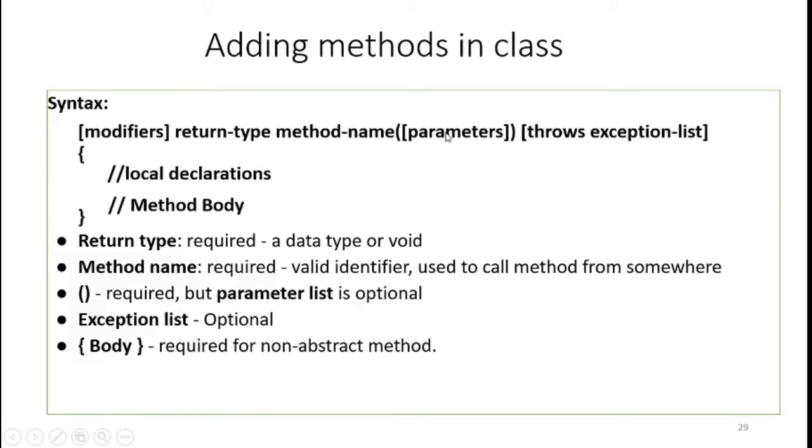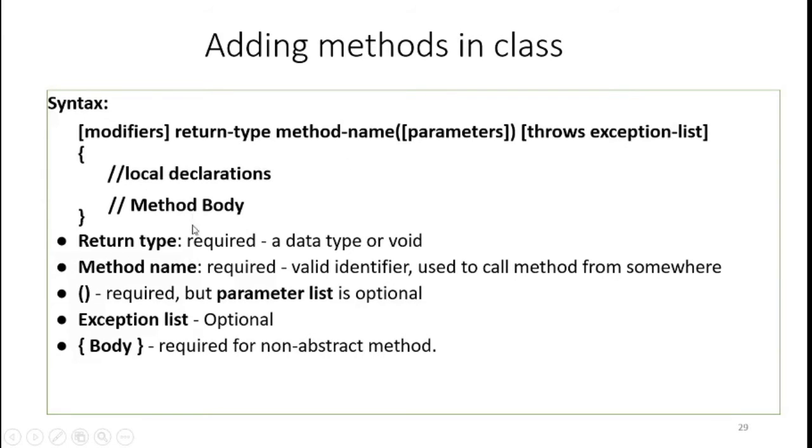Then parameters are also optional. You can just give the opening and closing rounded brackets. You may not mention the parameters, and if you don't want to mention any return type, you can make use of the void keyword. Then throws, and if there is any exception, you can make use of that exception here.